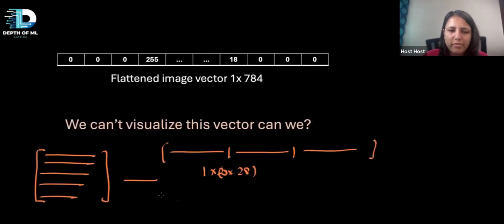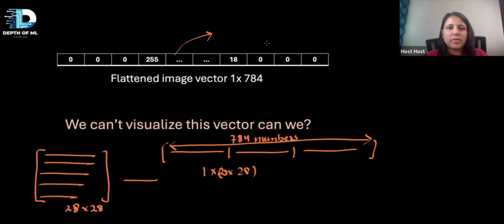Everybody understood how I have flattened out? Every row, I have just put together, so I've created one big vector. This was 28 cross 28. What I've done is I made it 1 into 28 cross 28. So there are now 784 numbers here. Will you be able to visualize this vector?